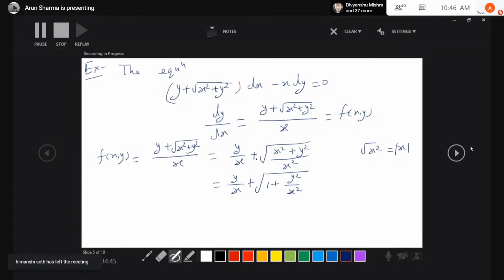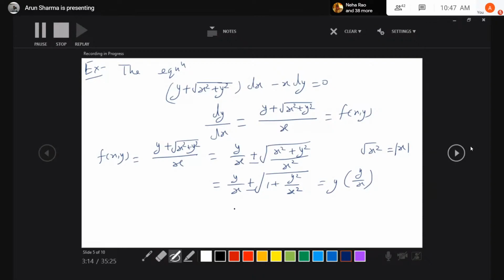So we have done a little mistake here while taking x inside. The right thing is, if x is positive, then we will take only positive sign. If x is negative, then we will take minus sign, and this minus will become this one. So anyways, this is g of y upon x.